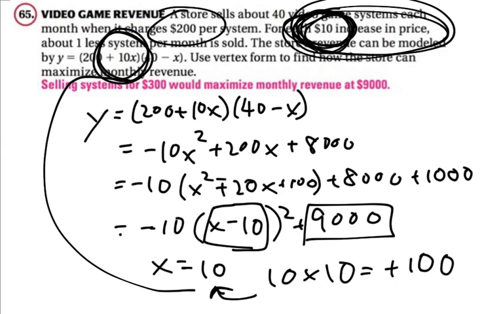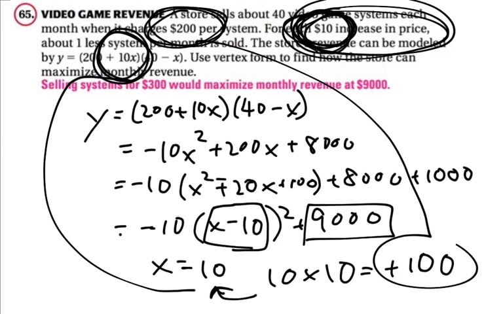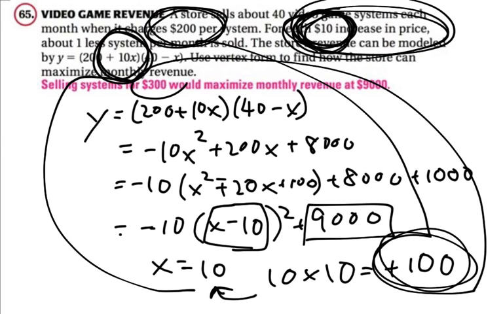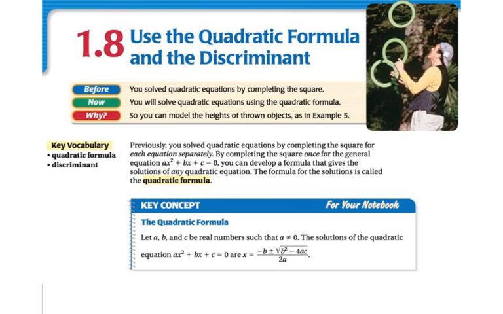And since the original price is 200, 200 plus 100 equals 300. That's why, to answer the question completely, instead of saying x is equal to 10, you have to say that you maximize monthly revenue by charging $300, which is $100 more, which is 10 times $10. Okay? Let's move on to 1.8.